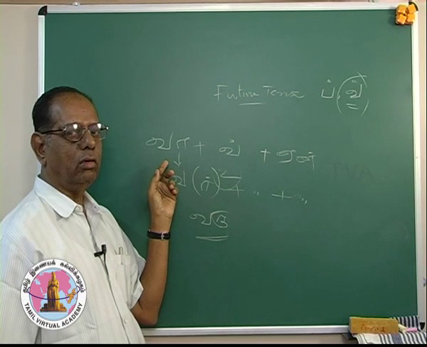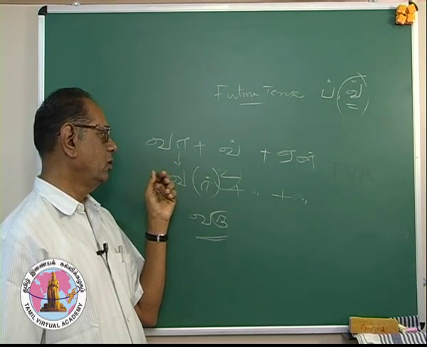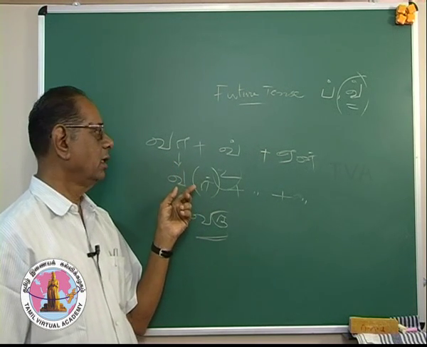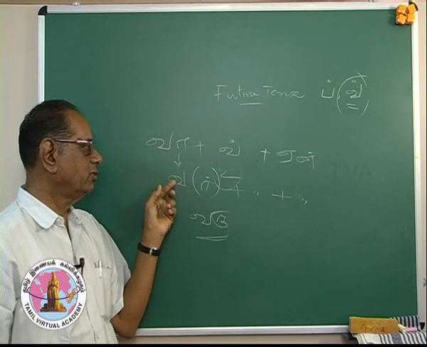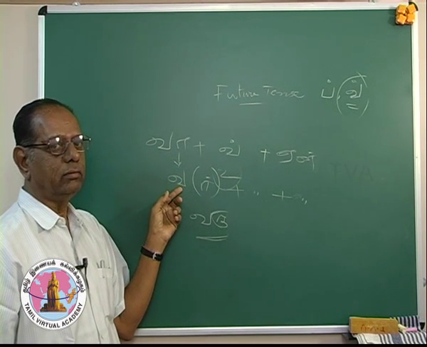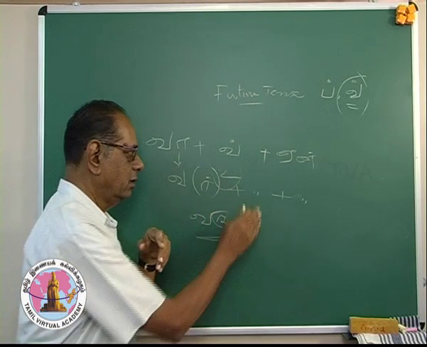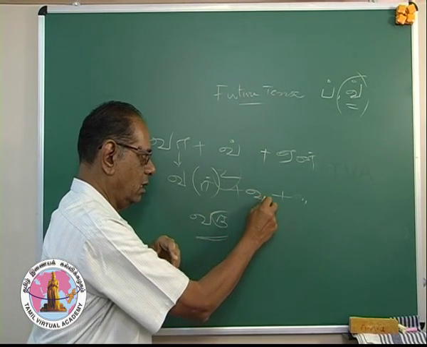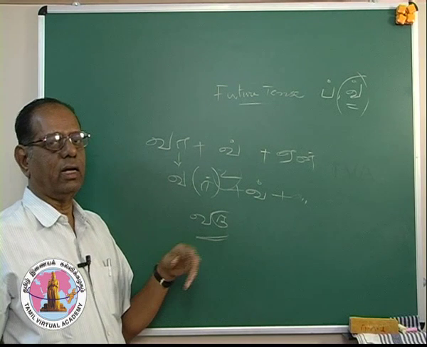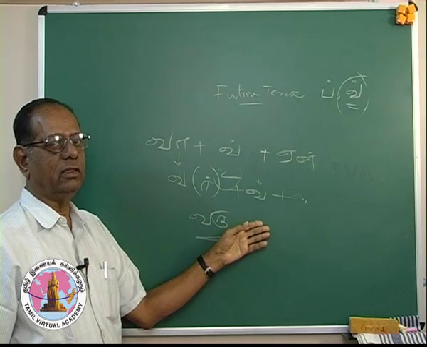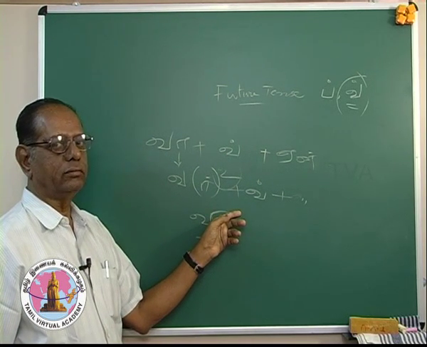So, what changes do happen here? Va becomes va as usual, r is added and the future tense marker is put after the r.